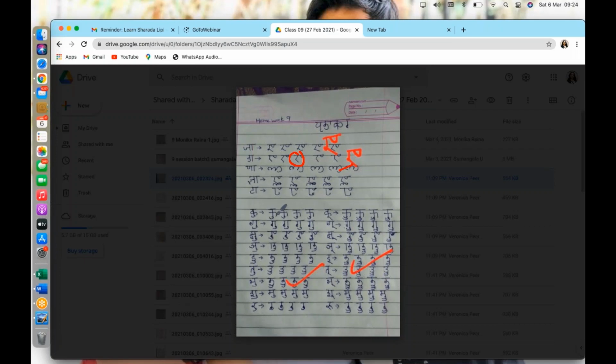Just want to point out here that in the case of ku, don't start this particular matra with a curve like this. You don't have to write a Devanagari U here. It just has to be a curve. When you write a Devanagari matra, you make this small, closed loop and then take it further. In the case of Sharda, it is not the case. You don't have to make a closed loop here.